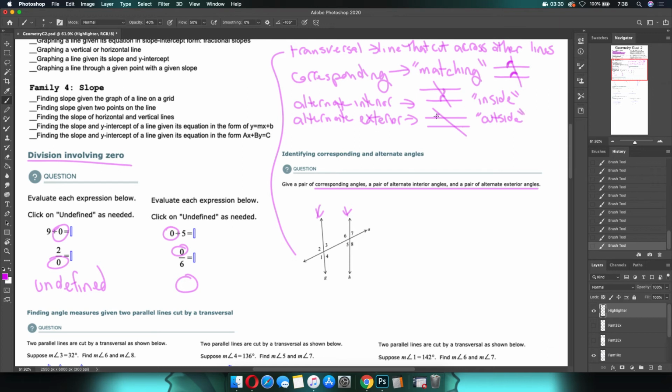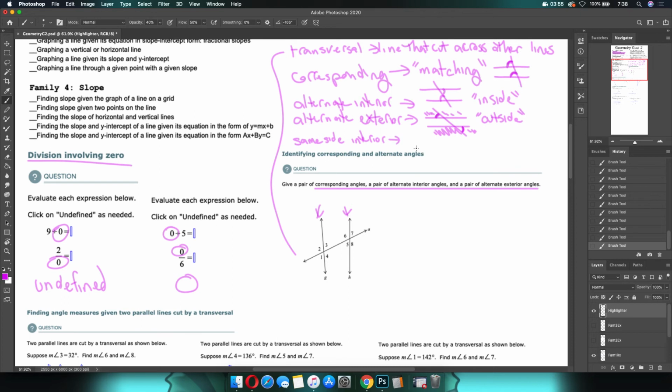So here's one alternate exterior. There's another alternate exterior. So they're both on the outside. This over here is considered the outside. So here's one on the outside, go on the other side of the transversal, there's the alternate exterior.